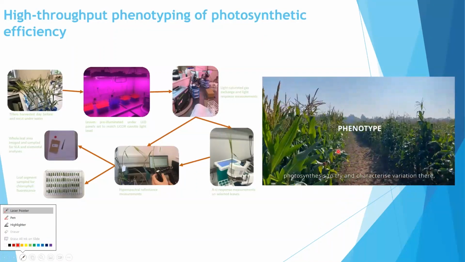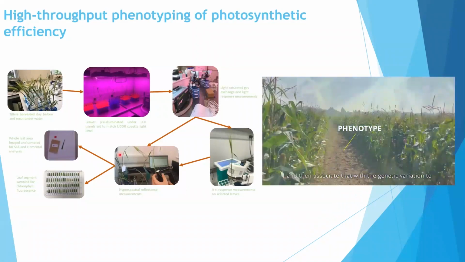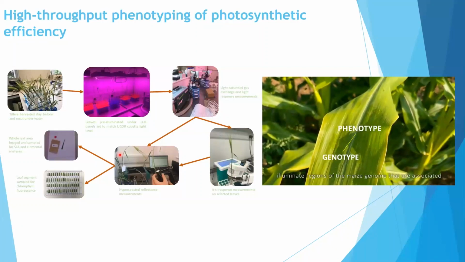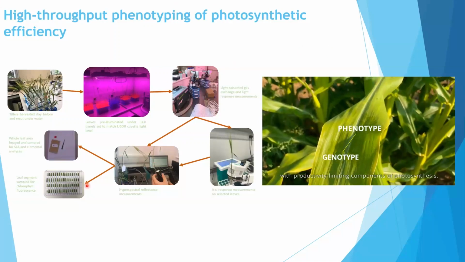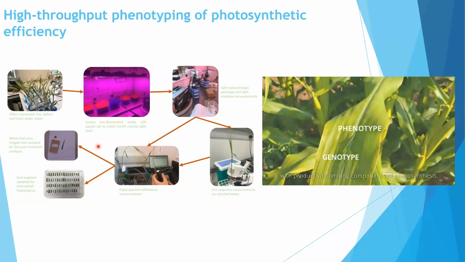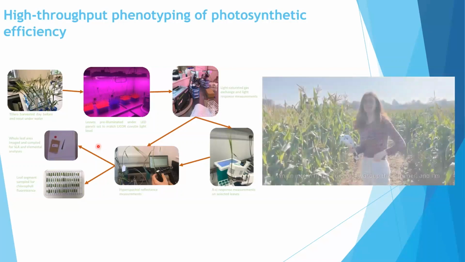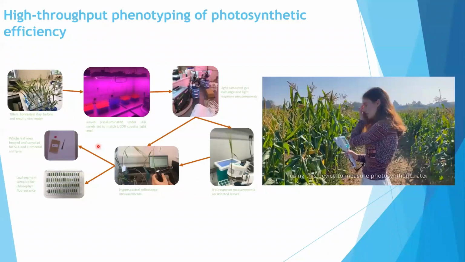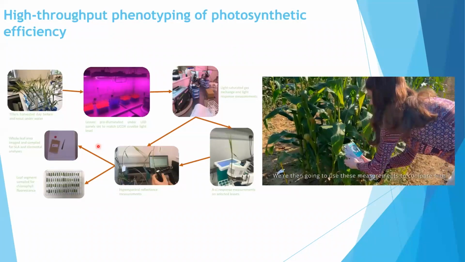Anyway, we have these plants growing in the field. We collect leaves from them. We bring them back to the lab. We run them through this phenotyping pipeline where we assess loads of different traits related to photosynthesis, carbon metabolism, and leaf structure. And we use that to generate data that we use for essentially genetic mapping to try and identify traits that are associated with photosynthesis.